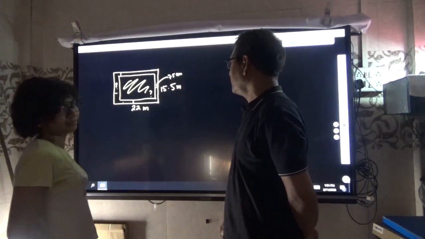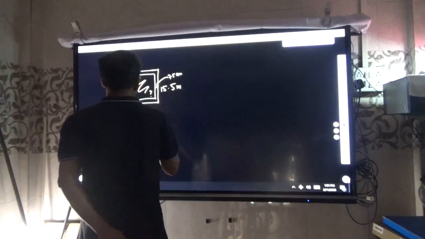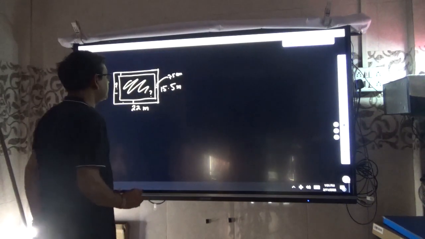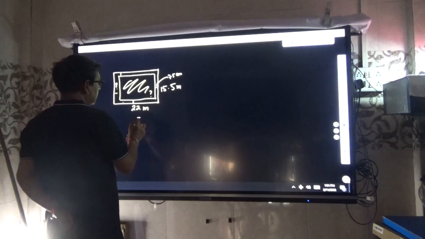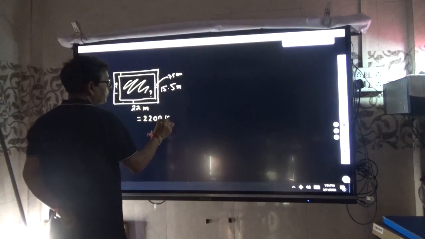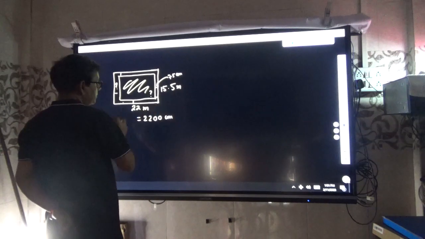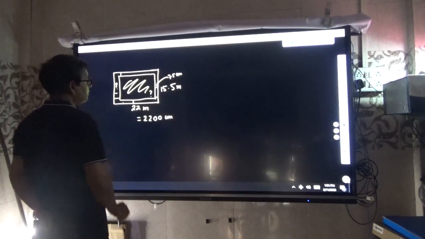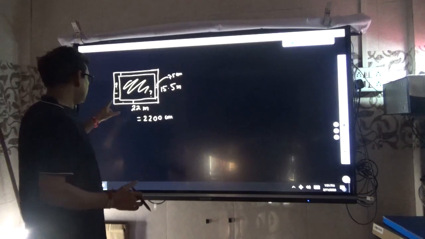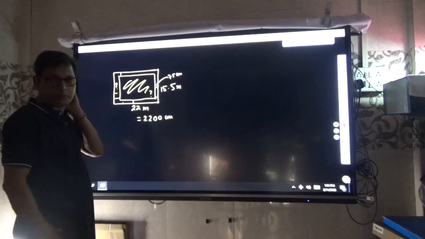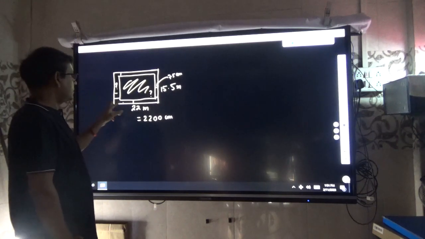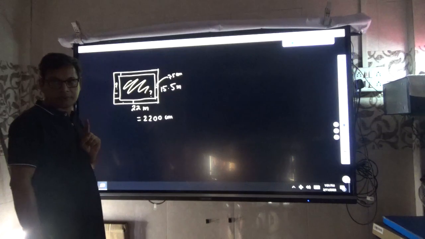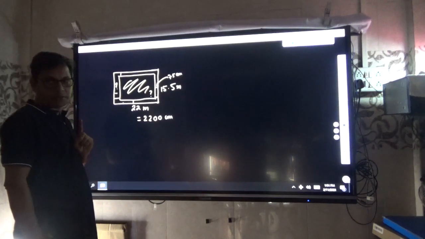Very easy. 22 meter, in terms of centimeter, is how much? 2200 centimeter. Now 75 centimeter from both walls you have to keep aside, so 75 into 2 means 150.